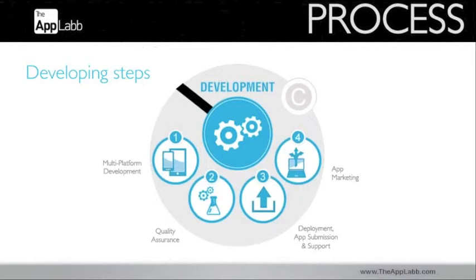And then once the quality is as expected, you can take it to the next step, which is deployment of the app. If it's just an iPhone app, you'll publish it on the App Store. If it's an Android app as well, you'll publish it on Google Play Store as well. Once it's submitted, there will be some amount of support required through the submission process.